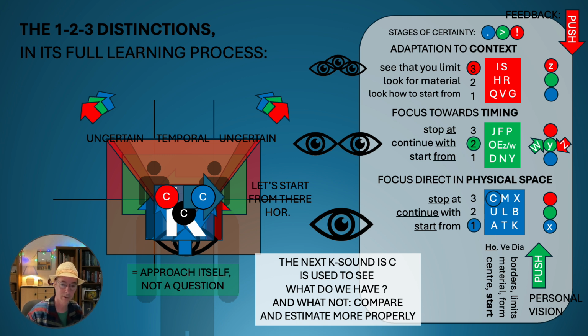You can follow yourself with your estimation process. C is about estimation almost, but it's not used as a question mark. It's an approach of how far can I go and see if I can still use this to estimate. I don't know if C is ever used for questions. The K is the question itself. What? Question mark.